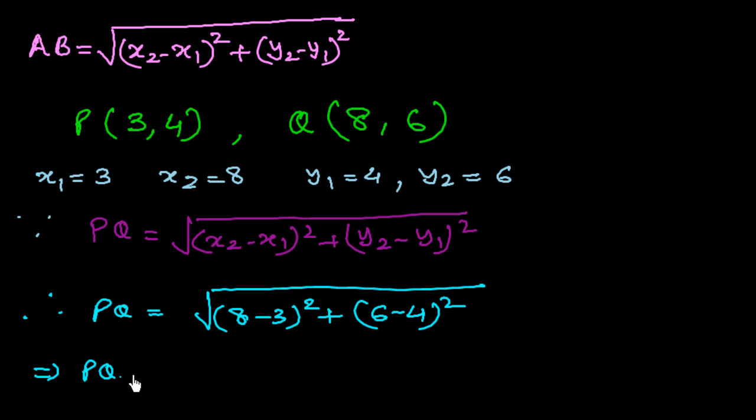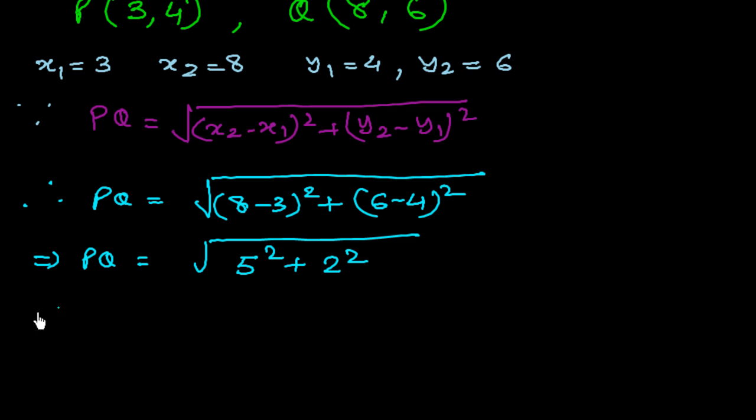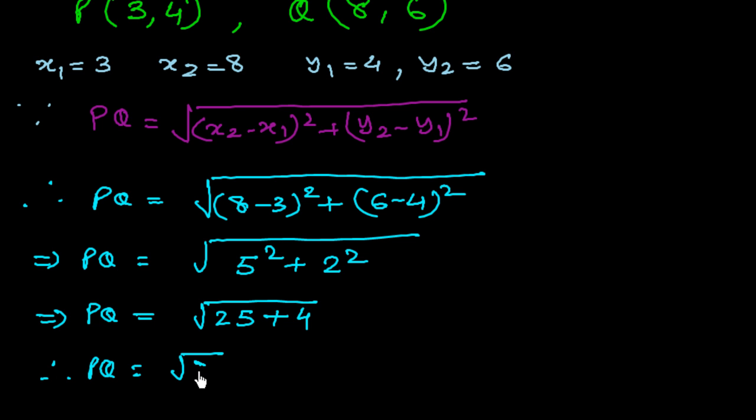This implies PQ is equal to square root of 5 square plus 2 square. 5 square is 25 and 2 square is 4. So PQ is the square root of 29. In this way we can find the distance between 2 points whose coordinates are given to us.